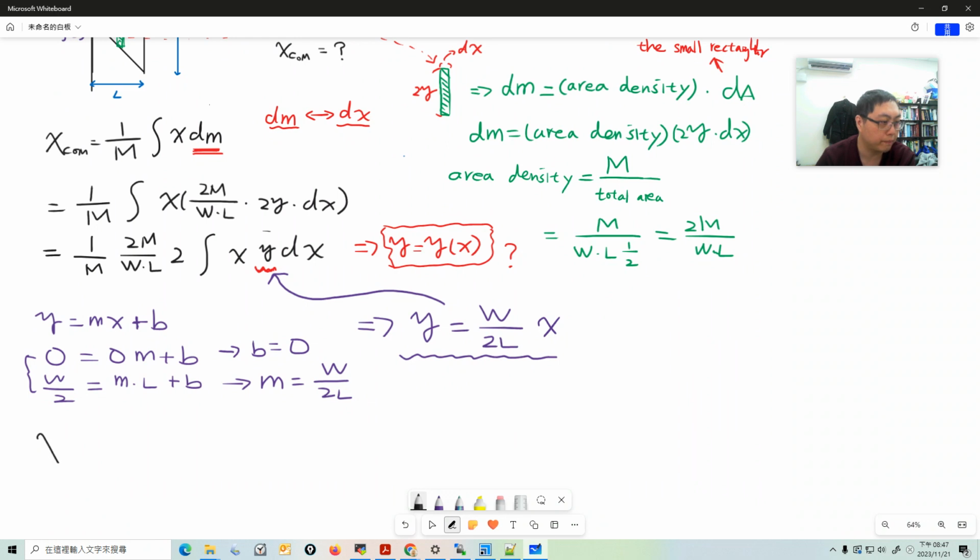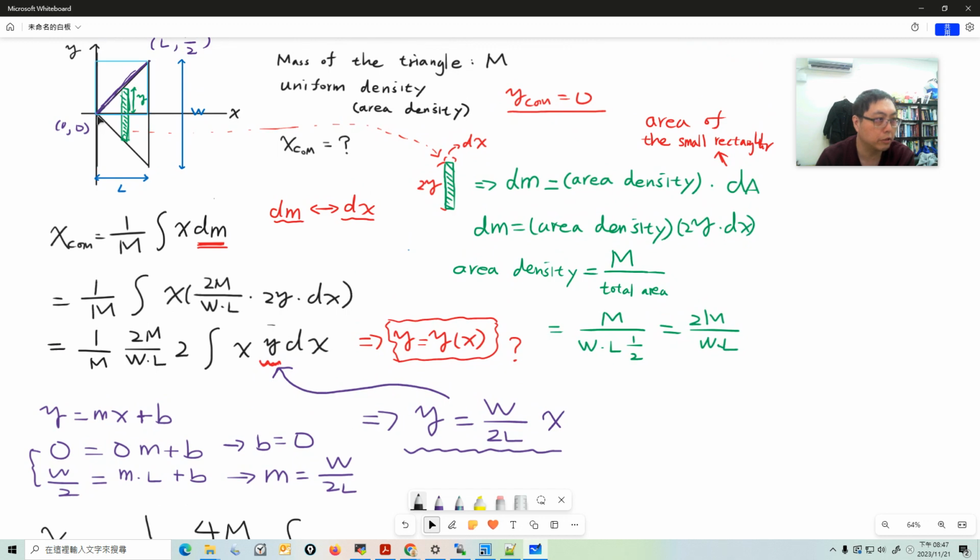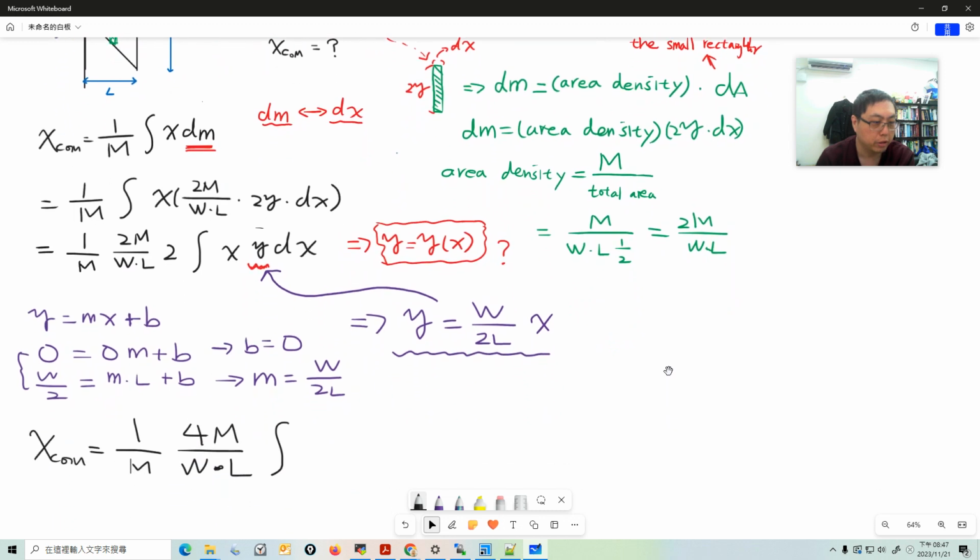So x center of mass is 1 over M, and this is the integral, with the integration range x from 0 to L, of x times W over 2L x dx.